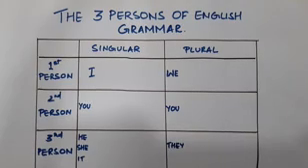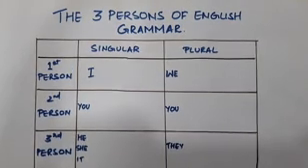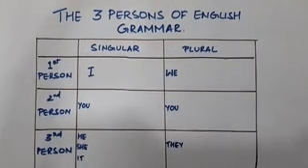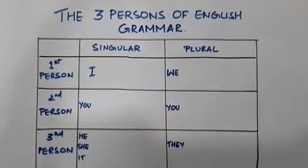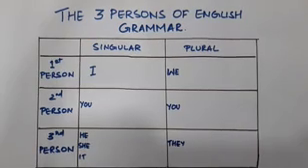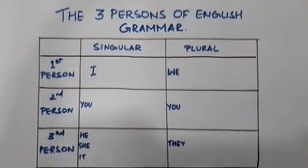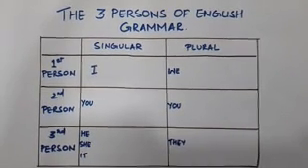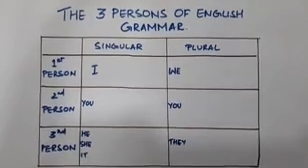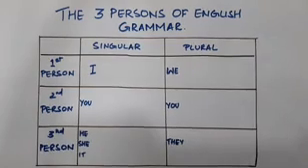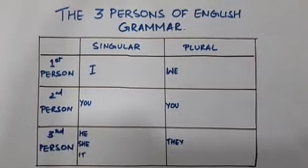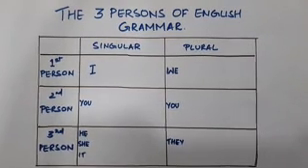He can speak about a boy, he can speak about a girl, or he can speak about a thing. Therefore, he, she and it come under the third person. And when they are more than one, they are categorized under the plural form of third person, that is they.